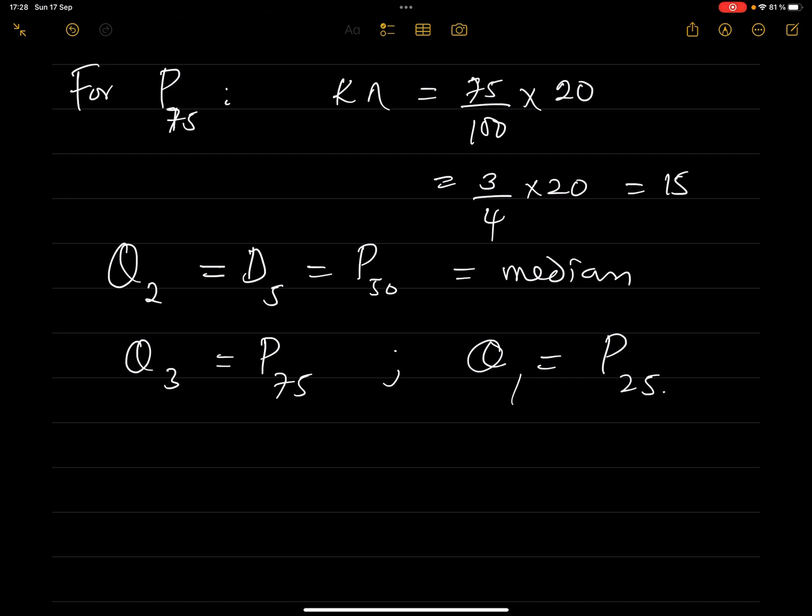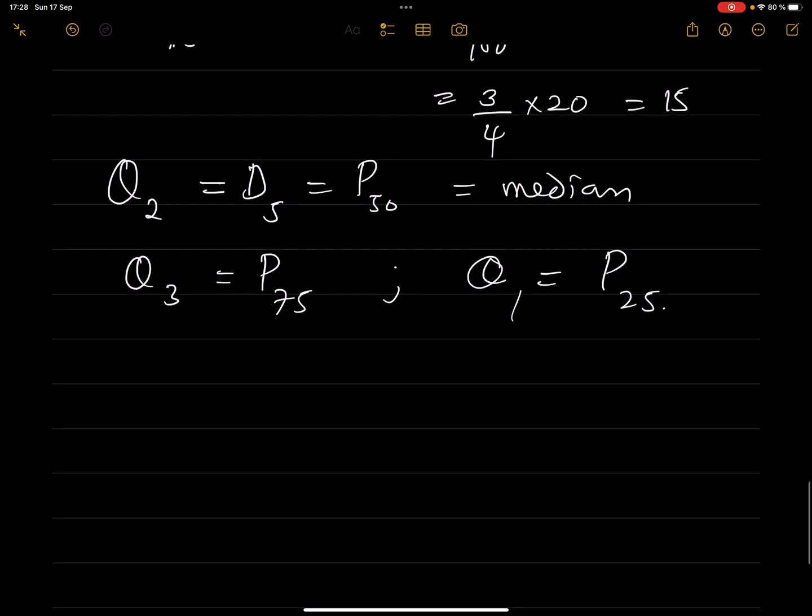This is a connection we can make. Because P75 equals Q3, we don't need to bother. So for Q1 now, let me add another question: calculate P25, so that we also use this P of a thing. So what is P25?